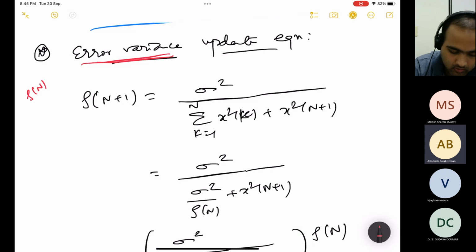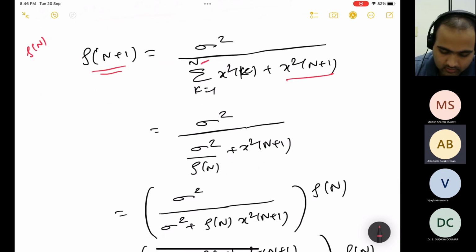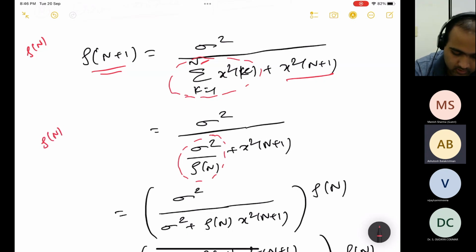And now rho of n plus 1 will basically be sigma square plus summation k is 1 to n, if I again separate the denominator, plus x square of n plus 1. Now what is the first term in the denominator? This term can be represented as sigma square divided by rho n. If you go back to the formula, rho n is sigma square divided by summation x square k, and this is still k is 1 to n.